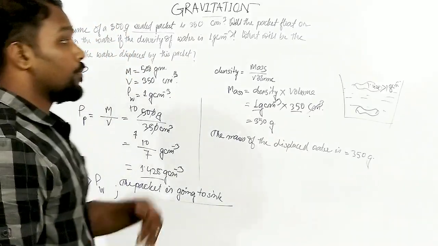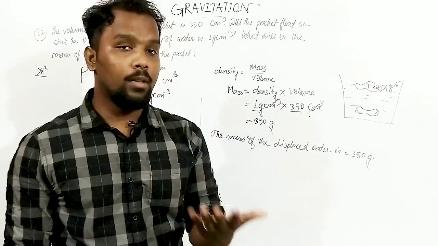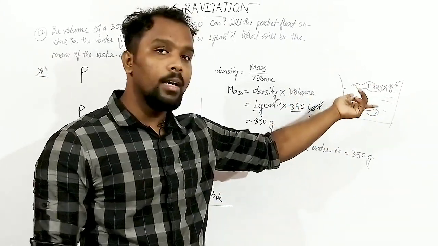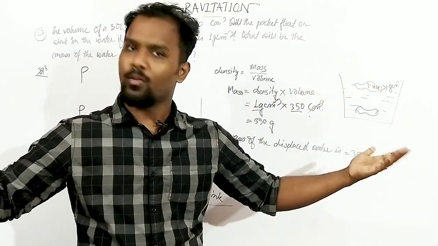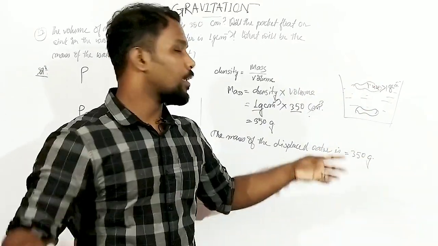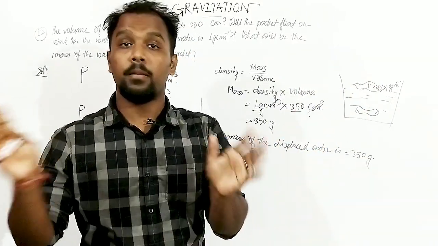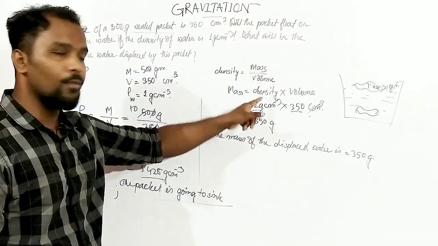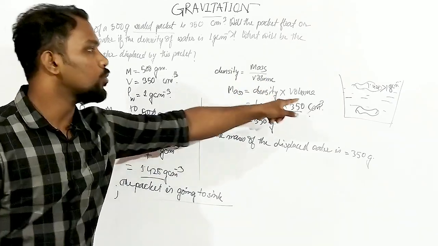Now in the second case, what we have to calculate? When the packet sinks, it has to displace some amount of water. Now we have to calculate the mass of that displaced water. We use the relation that density is mass by volume, so mass is density into volume.